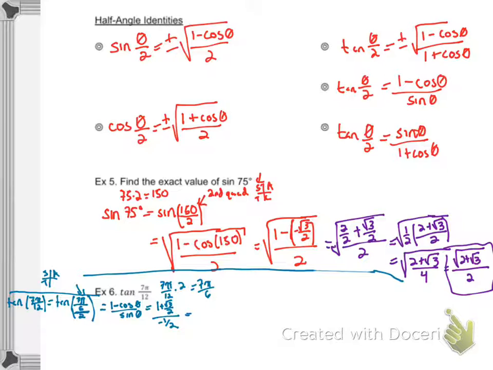Remember, when you divide by a fraction, it's the same thing as multiplying by the reciprocal. So we can rewrite this as negative 2 times 1 plus the square root of 3 over 2. We can do our distributive property. This gives me negative 2, and when I multiply this over, it gives me negative square root of 3, which is my answer for this slide. Please let me know if you guys have any questions.